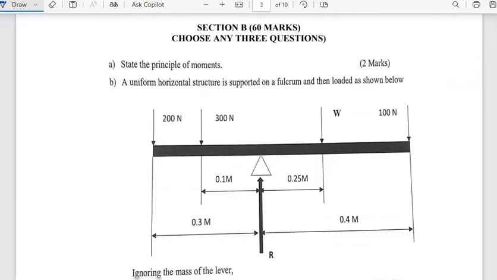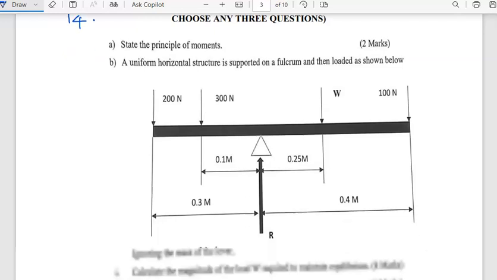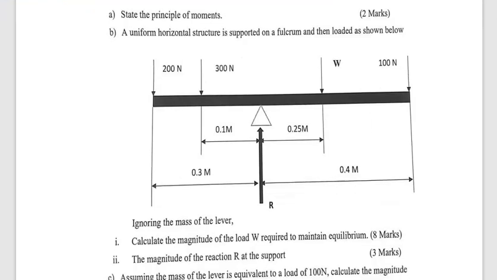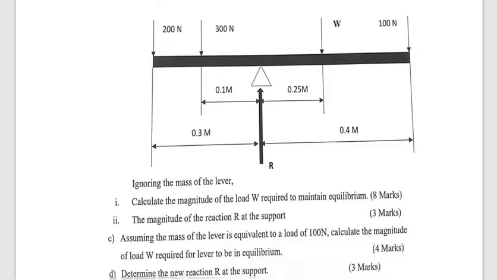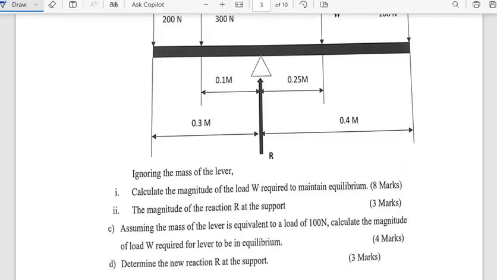Then we have section B. This is question number 14. You state the principle of moments, then you can pause and do part B. Then you move downwards to Roman number 2. You can still use the same diagram there and do Roman 1, Roman 2.